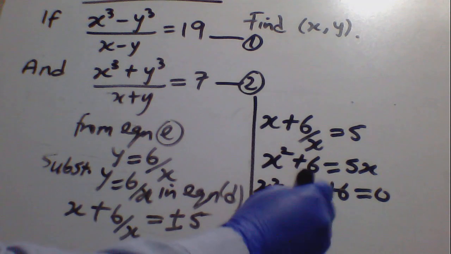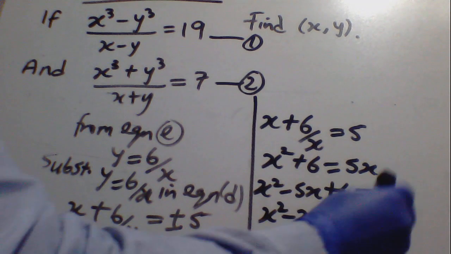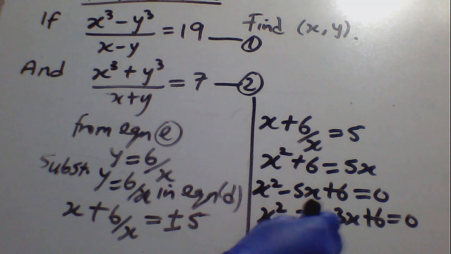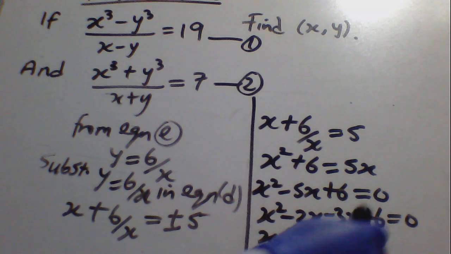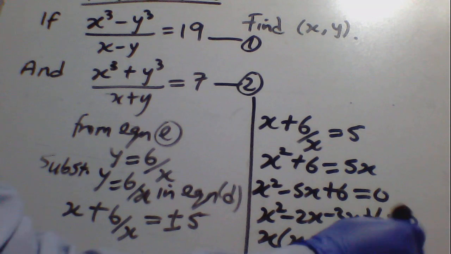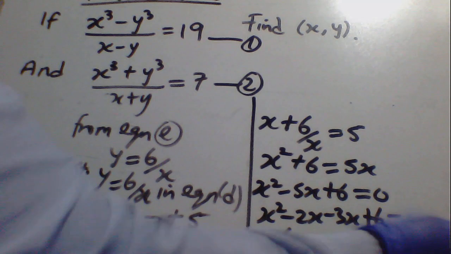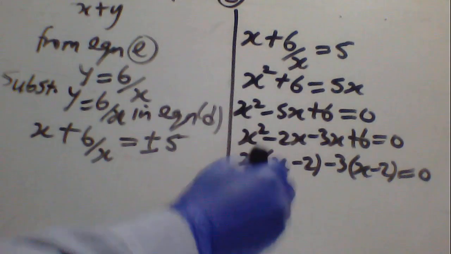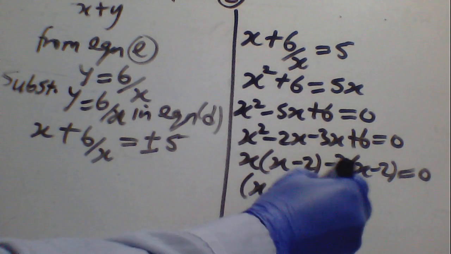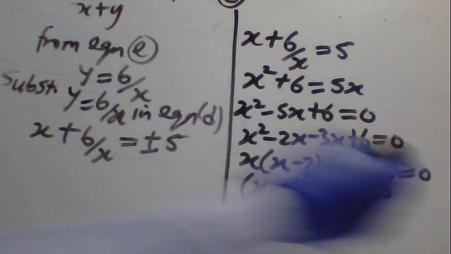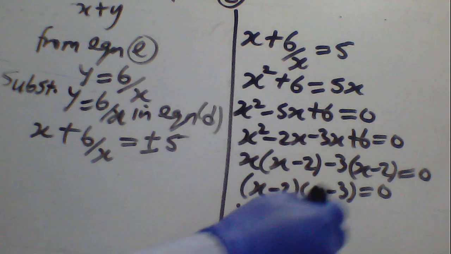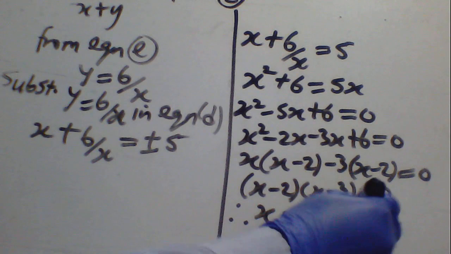Factorize, you have x squared minus 2x minus 3x plus 6 is equals to 0. So x is common, you bring it outside, have x minus 2. Minus 3 is common, you bring it outside, have x minus 2 is equals to 0. So you now have x minus 2, x minus 3 is equals to 0. So equating each of them, you now have that x is equals to 2 or 3.